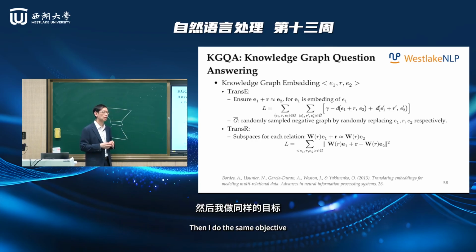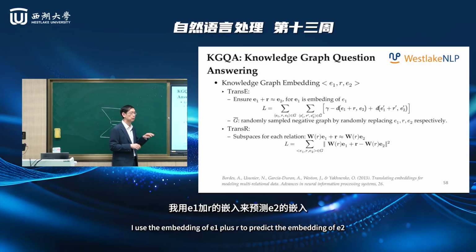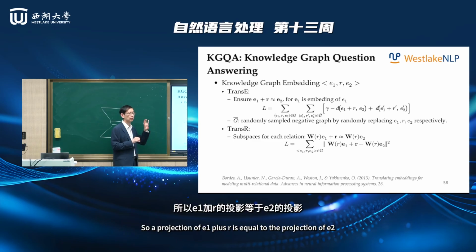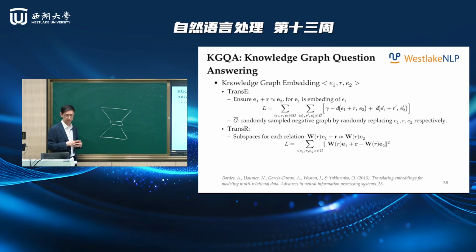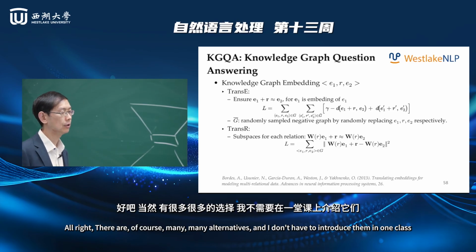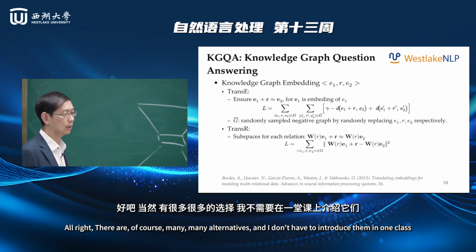Then I do the same objective, okay? I use the embedding of E1 plus R to predict the embedding of E2. So a projection of E1 plus R is equal to the projection of E2. All right, there are, of course, many alternatives, and I don't have to introduce them in one class.